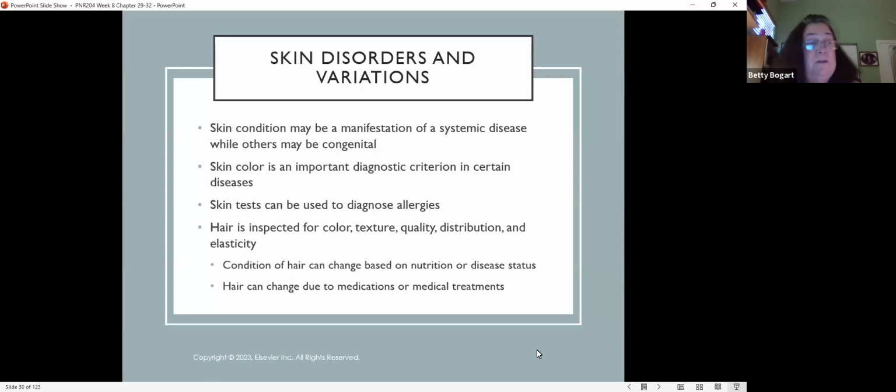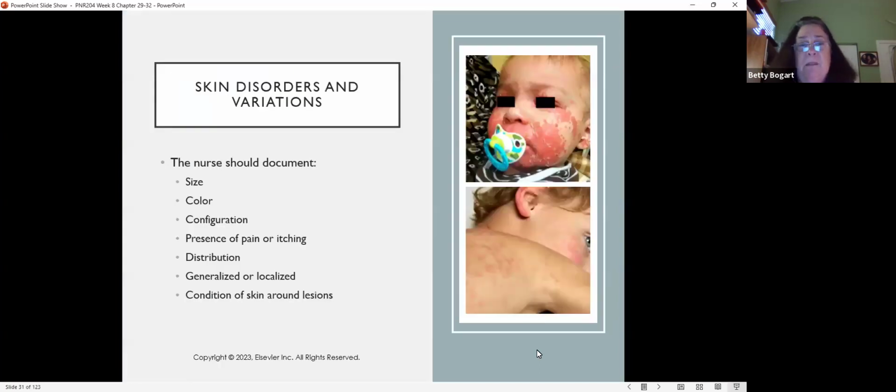And one of the things we're going to be doing is some allergy testing, trying to eliminate if there are any allergies creating these rashes and whatnot. When we're assessing, always look at the hair, because children that don't have proper nutrition, their hair is not going to be as thick and as shiny as it should be. And you will see a difference, okay? We know that there are things that make your hair fall out or change color. So, all of those things we need to keep in mind.